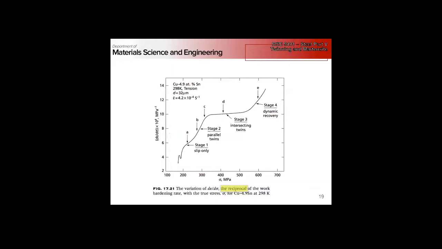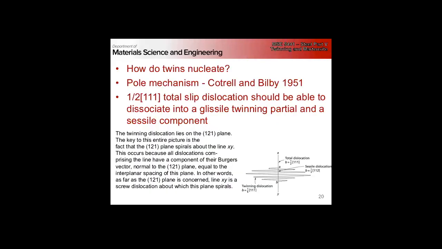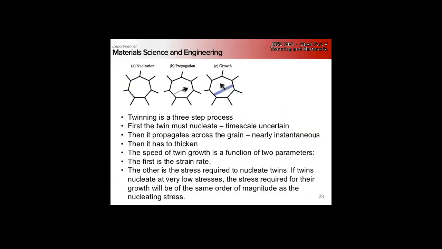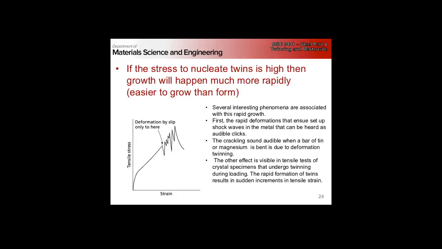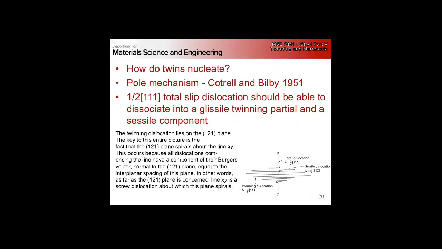Because here in dynamic recovery, remember, our rate of dislocation removal is greater than or balances our rate of dislocation generation. So twinning has a very profound effect on the stress strain curve.